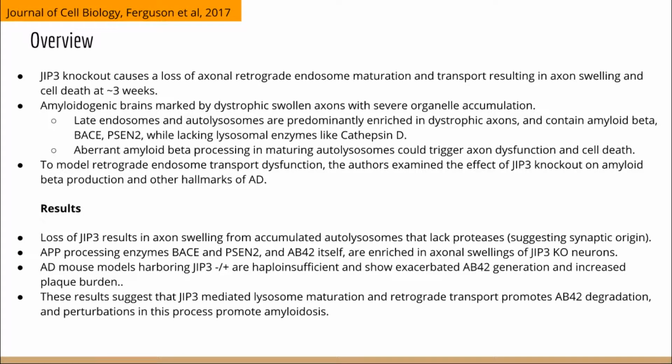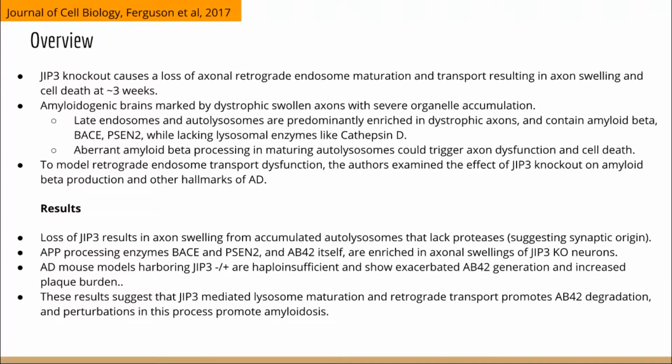So previous literature has found that JIP3 knockouts caused a loss of axonal retrograde endosome maturation and transport, resulting in axon swelling and cell death at 3 weeks of age. So moving endosomes back to the soma is a very critical process.